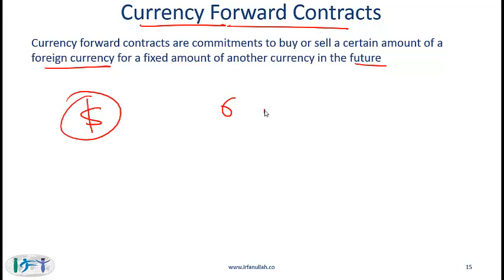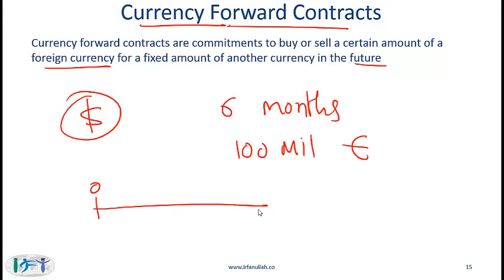After 6 months, you will need to make an investment in Europe, for which you will need 100 million euro. So you are concerned with the exchange rate risk. You are concerned that after 6 months, the euro will become too expensive. So you can go to your dealer and you can lock in a rate for the euro. So at time 0, you can lock in a rate for the euro.